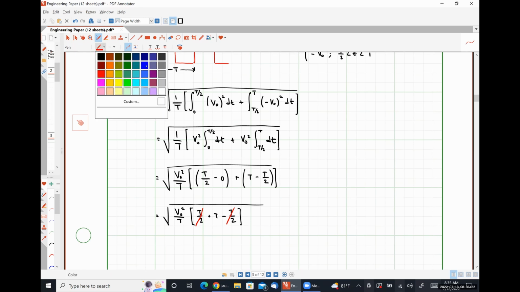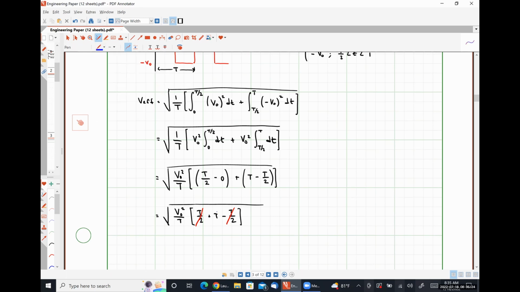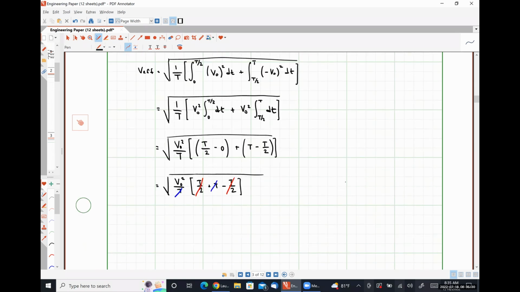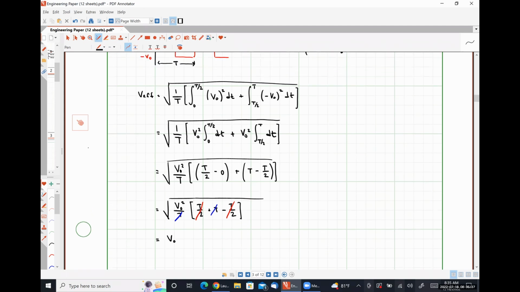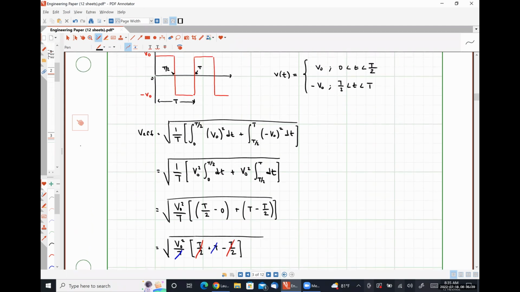And this t effectively in the numerator is going to cancel out this t in the denominator, leaving me with an effective value of V naught. So for this square wave, the effective value is simply the magnitude of the square wave.